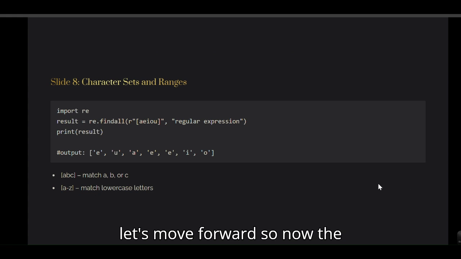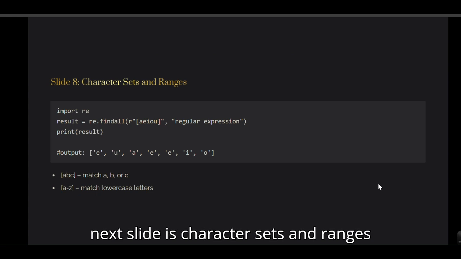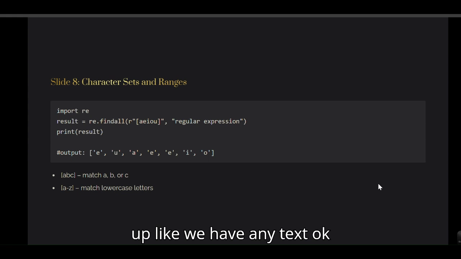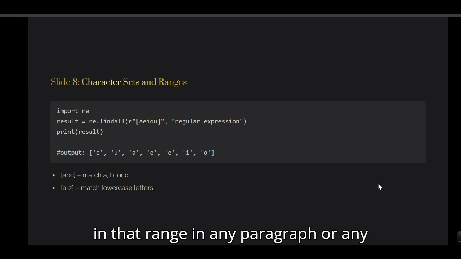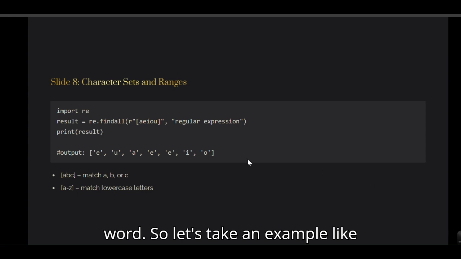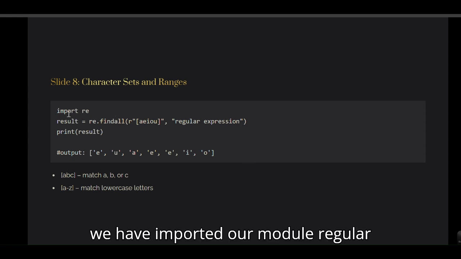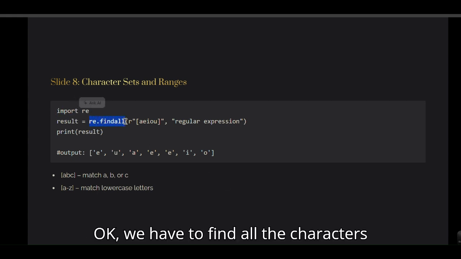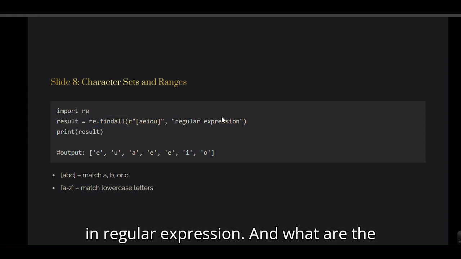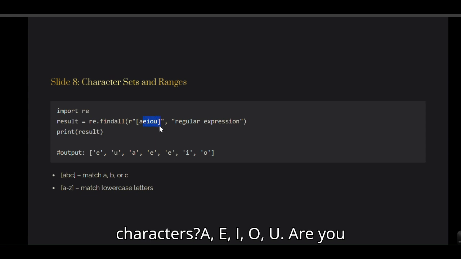The next slide is character sets and ranges. Say we have some text and some ranges. We have to find all the characters in that range in any paragraph or word. Let's take an example: we import our module re and write result = re.findall. We have to find all the characters in the word "regular expression", and the characters we have given are a, e, i, o, u.